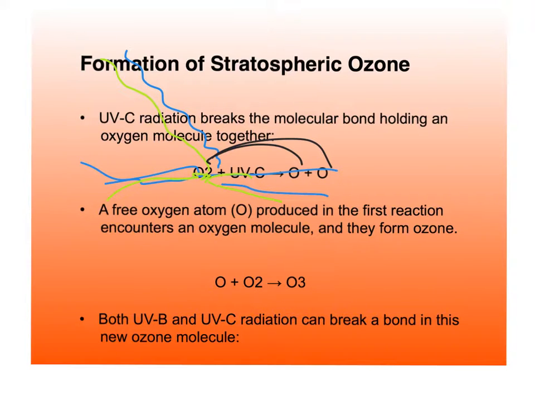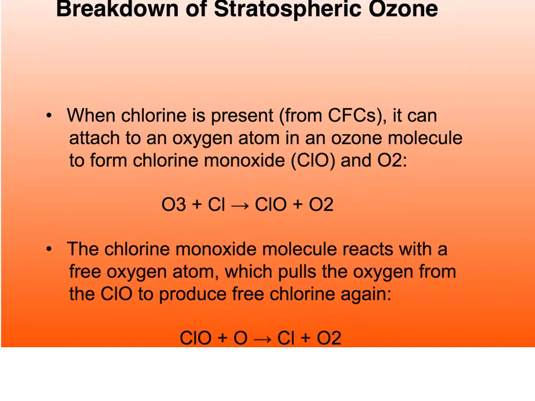But UVA won't do that, right? It's long enough to pass all the way down to the surface to get us, okay? And this is the thing that'll cause some sunburn, stuff like that. Now, if we have little holes in the ozone, these other forms of UV will be able to get us, right? And that's not good. Those are cancer-causing radiation.